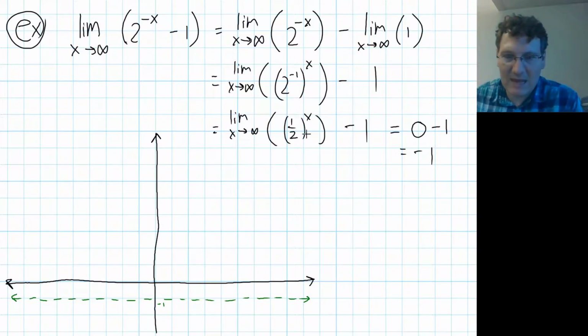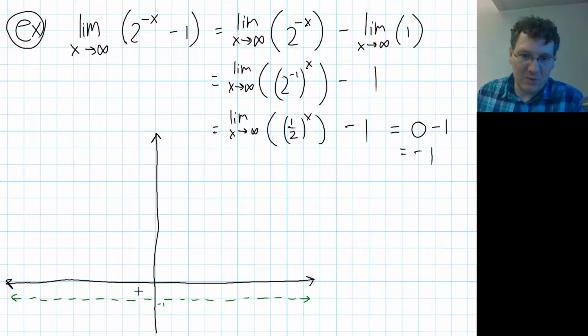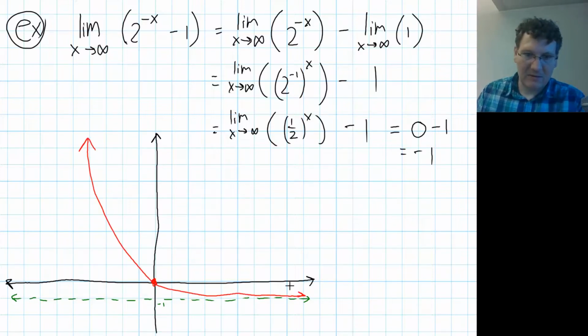Let's say when x is equal to 0, I'm going to have 1 minus 1, so it's going to cross at 0, and that's all I need. As x goes to infinity, it goes to negative 1, so it's going to look like this. This is the graph of y equals 2 to the negative x minus 1.